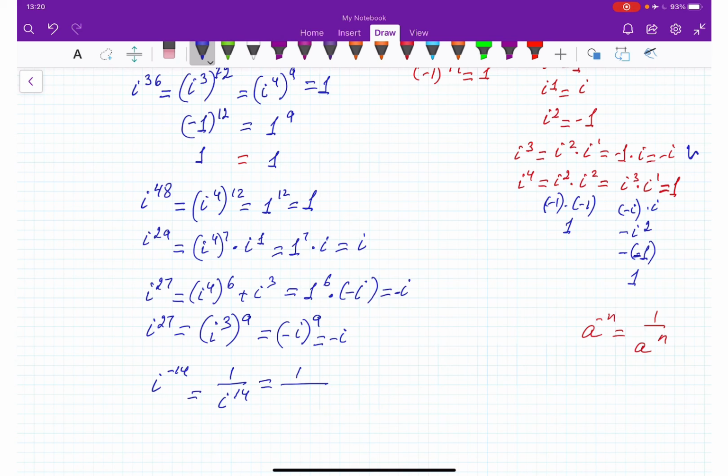I want to break it down as 12 and 2, which means i to the power 4 to the power 3, times i to the power 2. This is equal to 1 over i to the power 4 is 1, 1 cubed is 1, and i to the power 2 is negative 1. So the result is going to be negative 1.